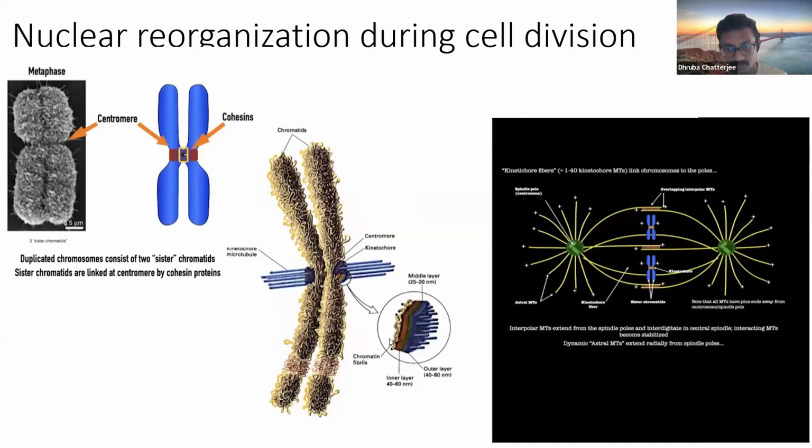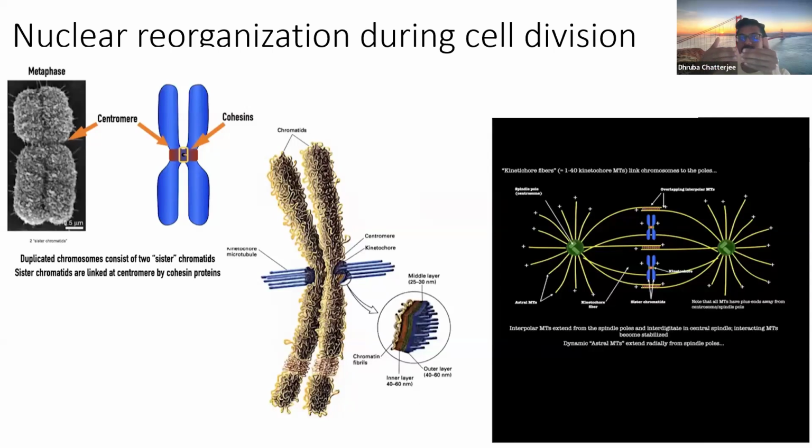Okay, and as you can see, this chromosome now consists of a pair of sister chromatids, right? Within the centromere, in the region which lies in between these, at the very inner part, you see the chromatin region, and this chromatin region is held together by a large number of proteins which are called the cohesins.